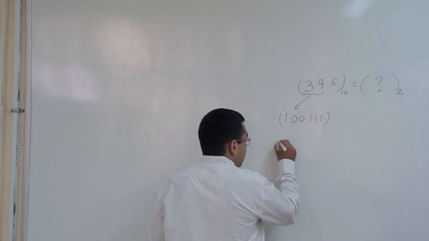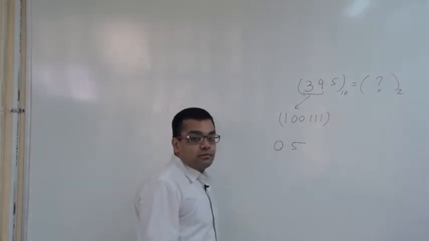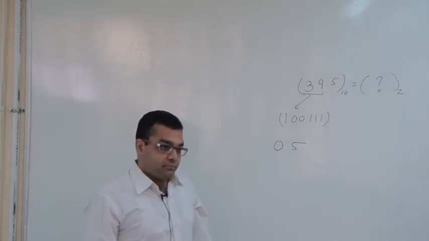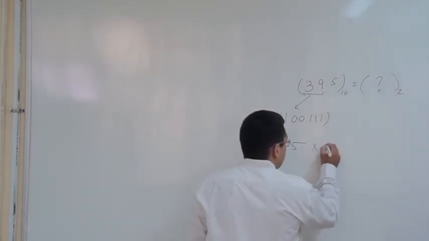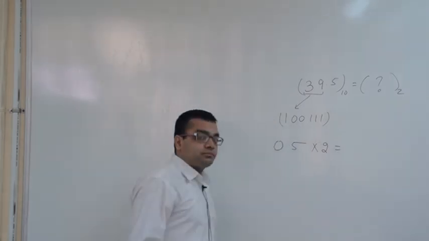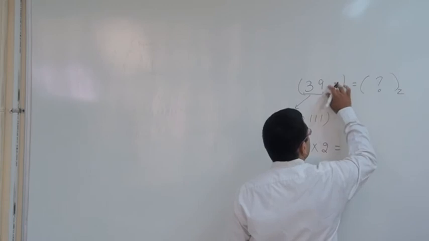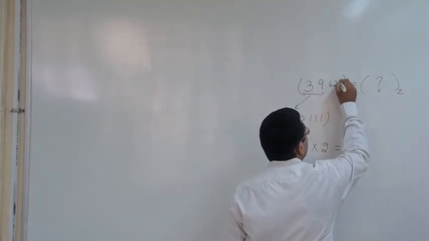In case of decimals, we have to multiply instead of dividing. So we will multiply it by 2. Let us take an example of 0.625.